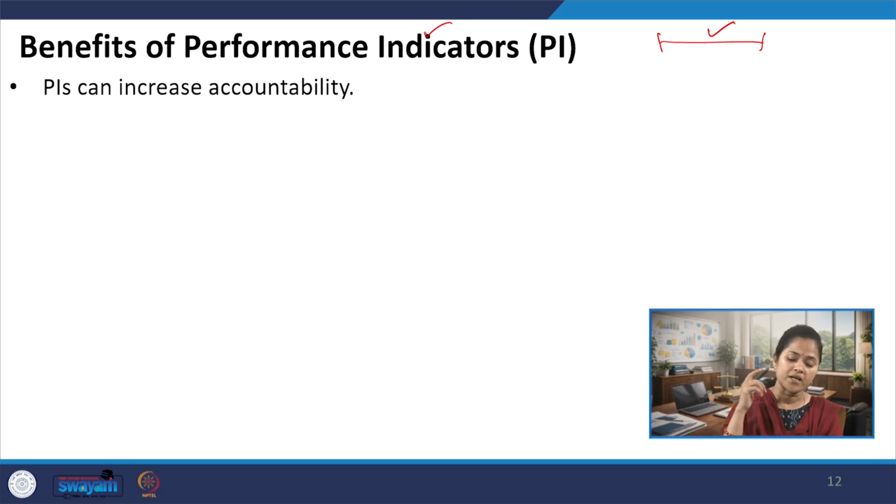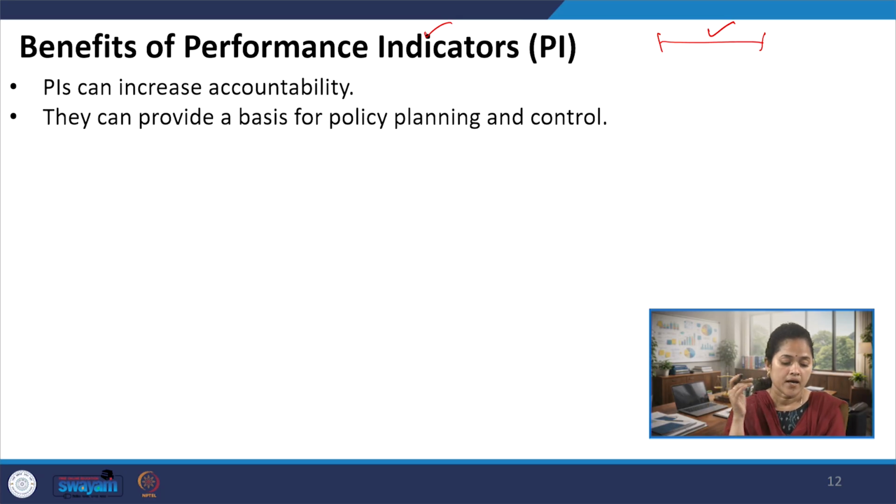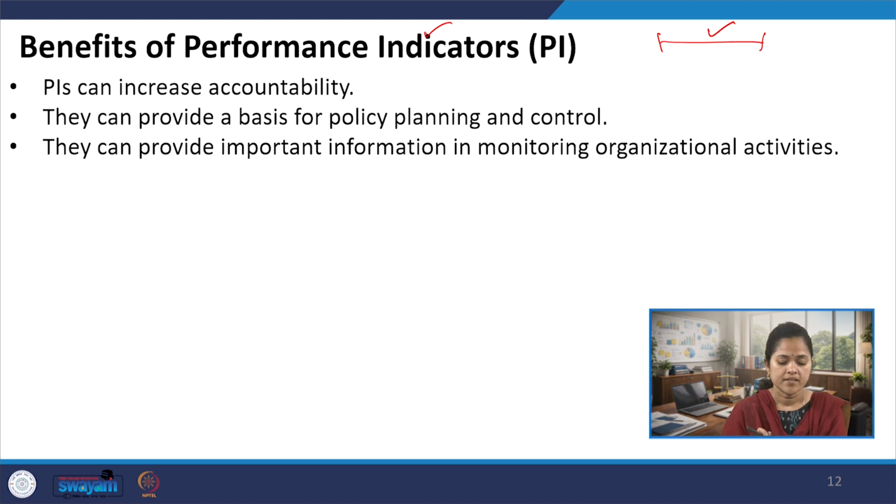By collecting data on performance indicators, we actually increase the accountability of project implementations. These indicators can also provide a grounding or base for policy planning and control. They can provide information in monitoring organizational activities.